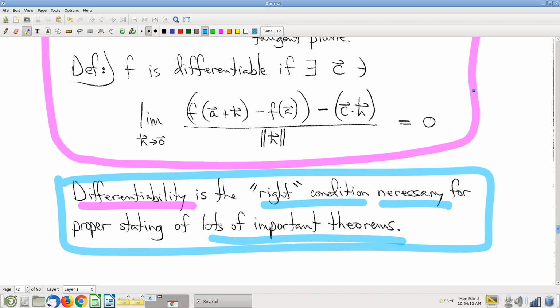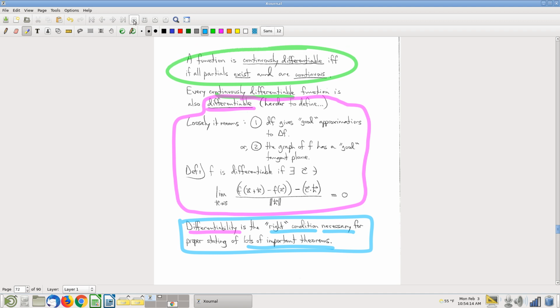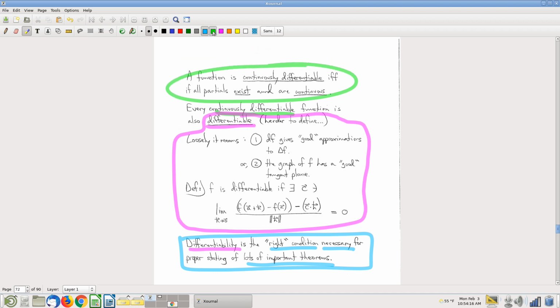So in practice, here's how you're going to do business. You're going to check that the function you're dealing with is continuously differentiable. Once you know it's continuously differentiable, you're going to conclude that, because it's continuously differentiable, it must be differentiable, and because it's differentiable, I get to use the theorems that I want. That's what you're going to do in practice.